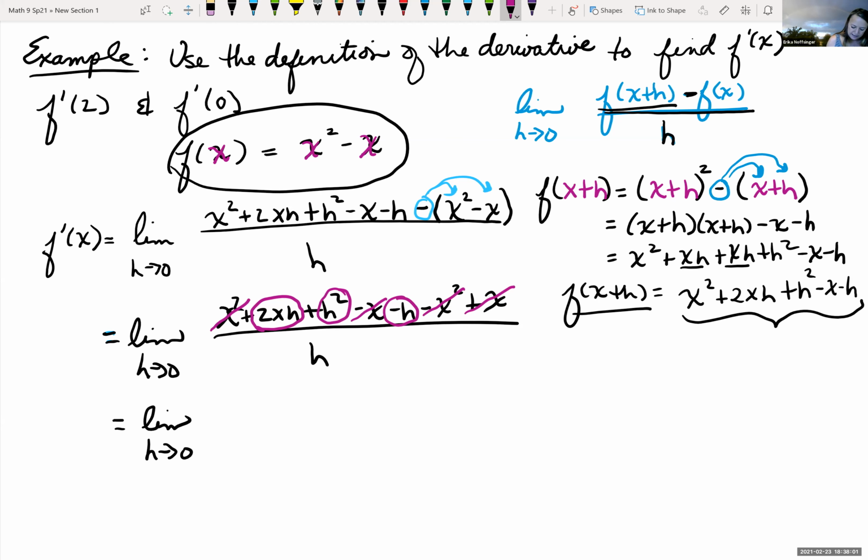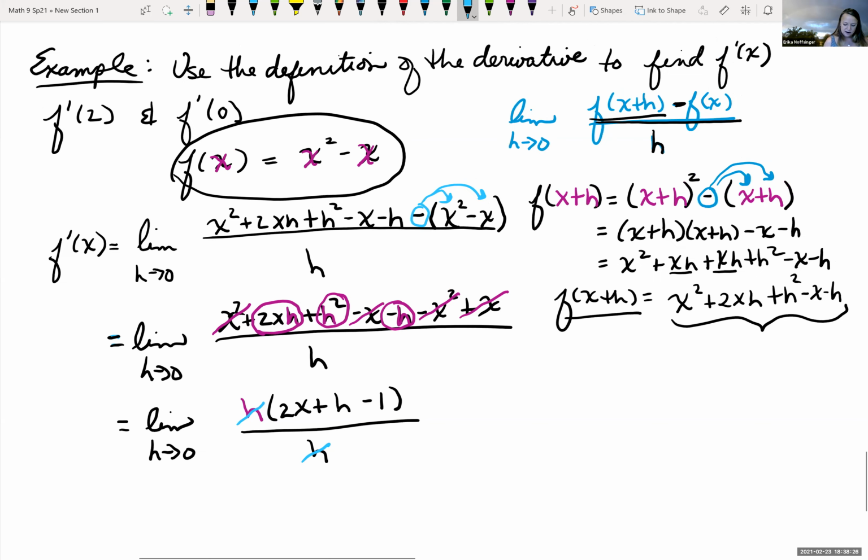So if we pull out an h, they all have an h in common. From those three terms, you'd be left with 2x plus one single h minus 1 all over h. So let's simplify. Cancel like terms in numerator and denominator. Now we can take our limit.